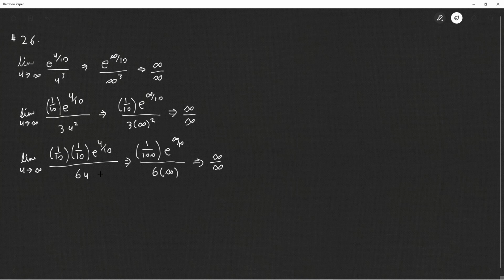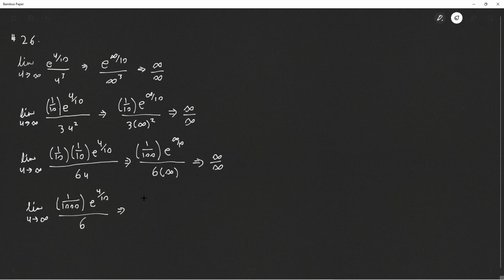So we need to take the derivative one more time, which will give us the limit as u approaches infinity, and this will be 1 over 1000, because it will be 1 over 100 multiplied by 1 over 10 again, multiplied by e to the u divided by 10 divided by 6.